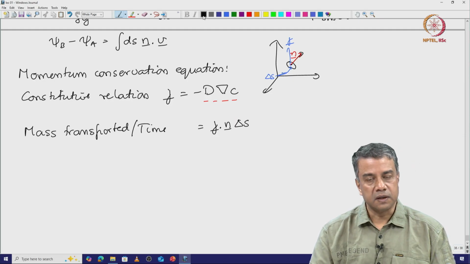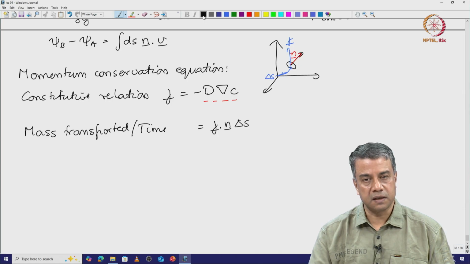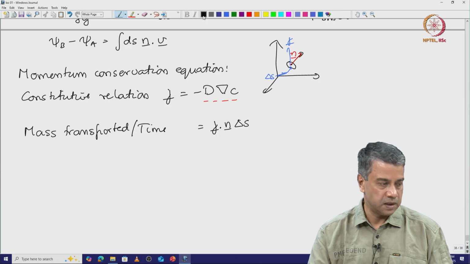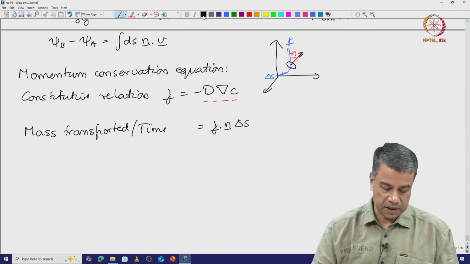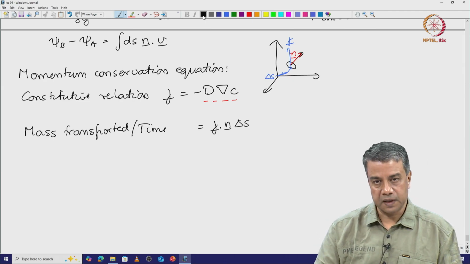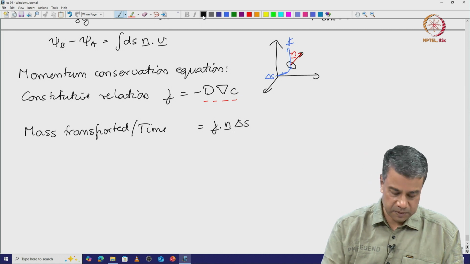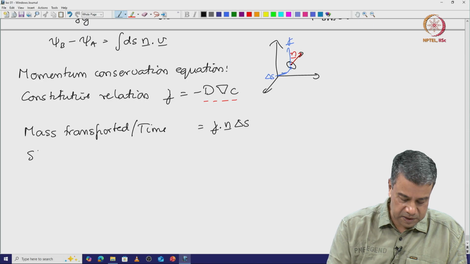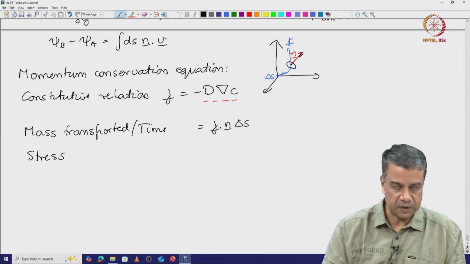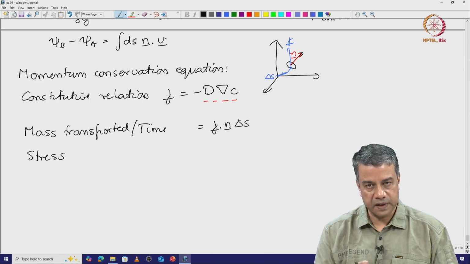Therefore, the flux of momentum has two fundamental directions associated with it. One is the direction of momentum, the other is the direction in which momentum is transported. And this flux of momentum is what is called the stress. Flux of mass was a vector.